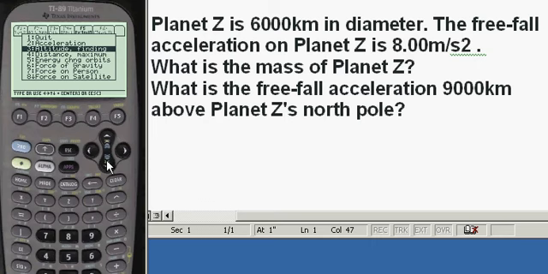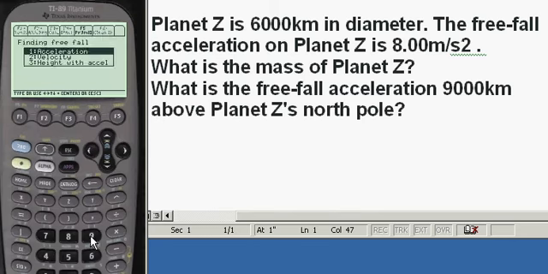Now we're going to find the free fall acceleration. So we're going to go down here to number 9, and find the acceleration. Choose that one.